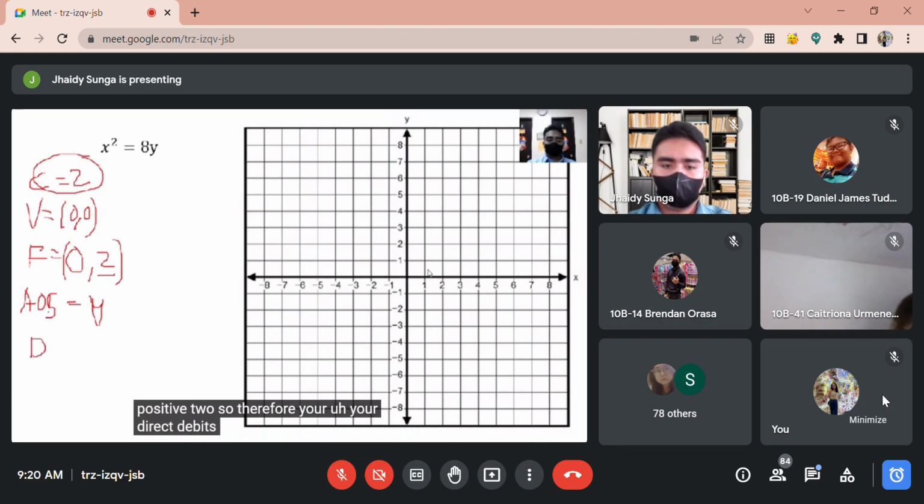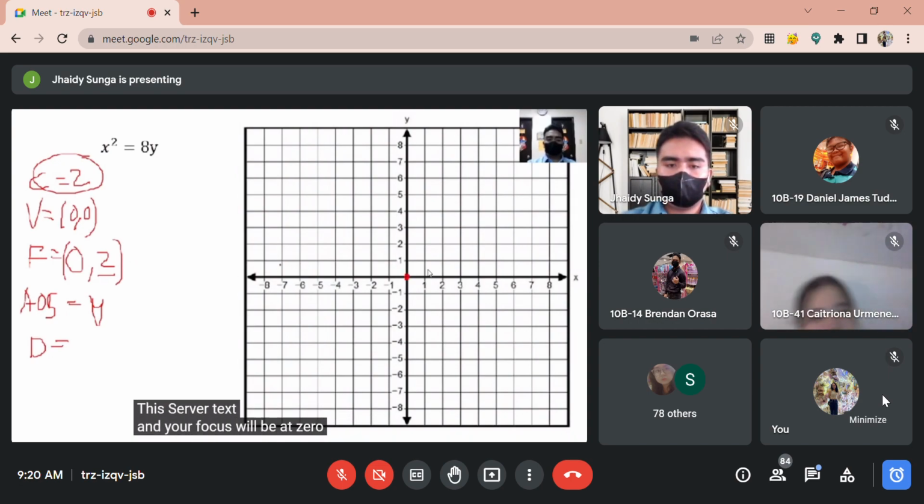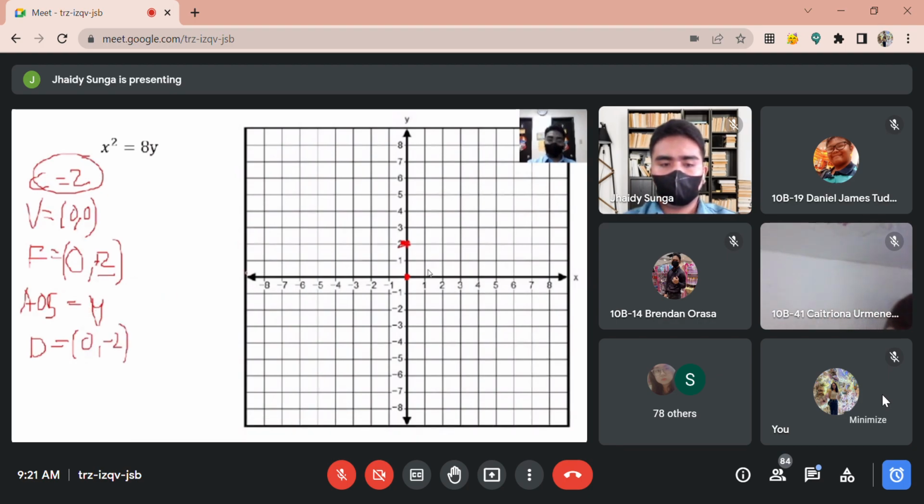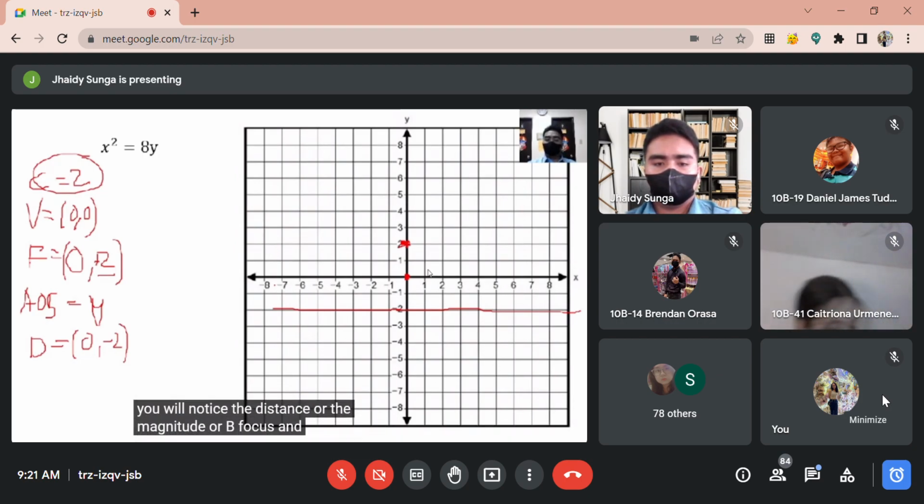This is your vertex, and your focus will be at (0, 2). Since you add for the focus, your directrix will be at (0, -2), vice versa, positive to negative. So this is the directrix. They are equidistant to each other. If you notice, the distance of the focus and directrix from the vertex are equal.